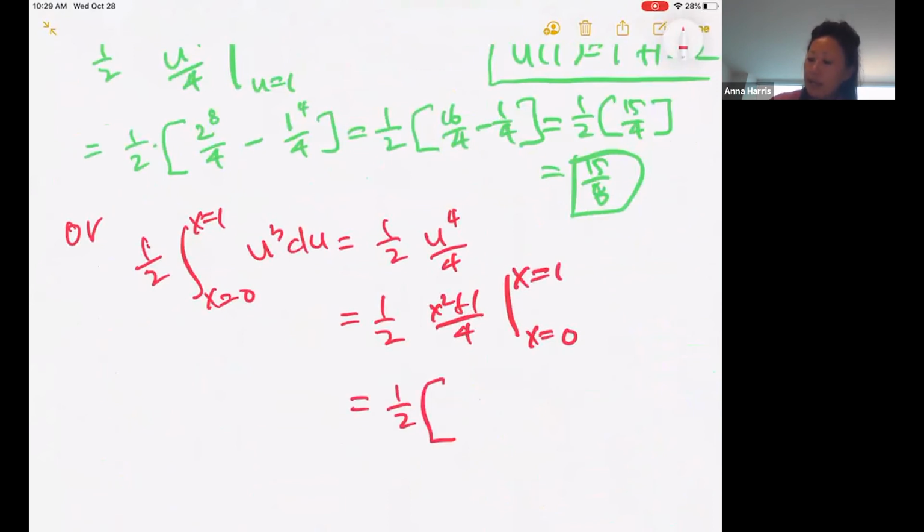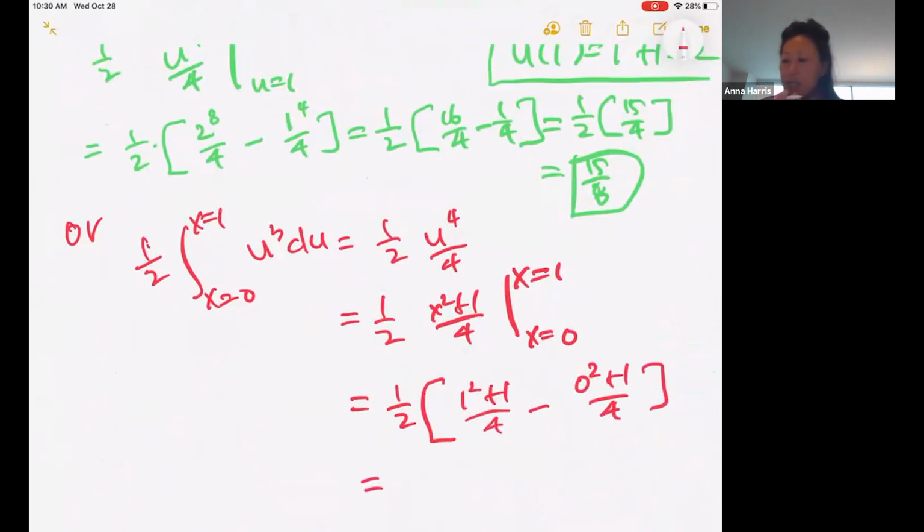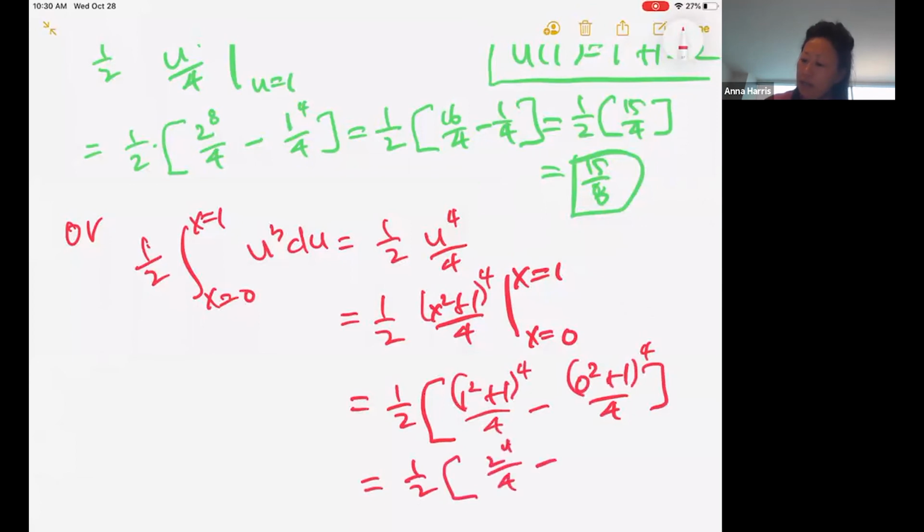You get the same answer: 1 squared plus 1 over 4 minus 0 squared plus 1 over 4, everything to the 4. So you get 1/2 times 2 to the 4 over 4 minus 1 to the 4 over 4, which is the same answer.